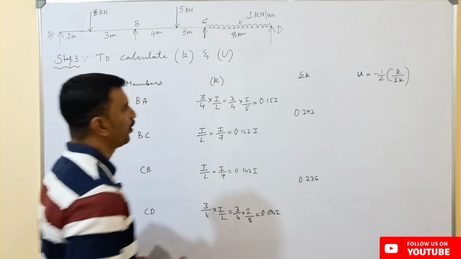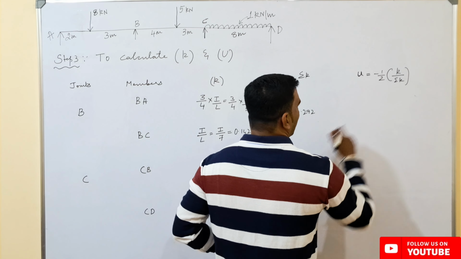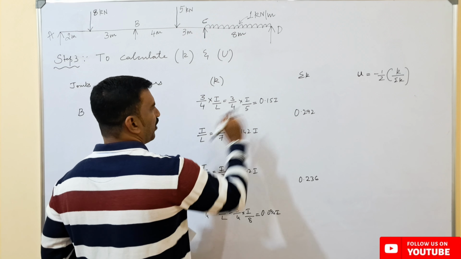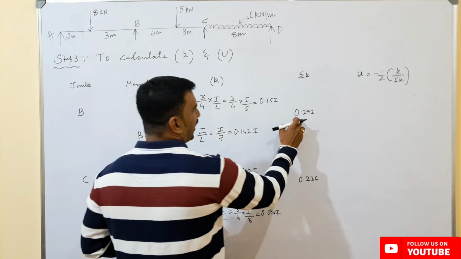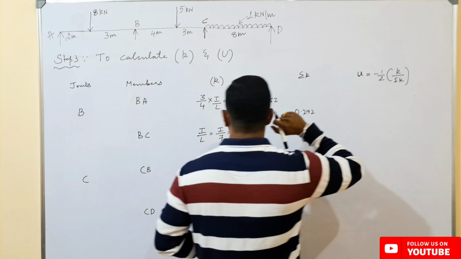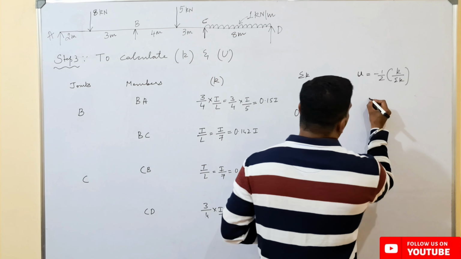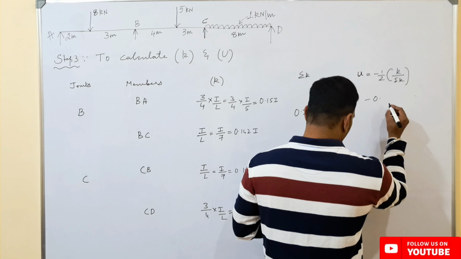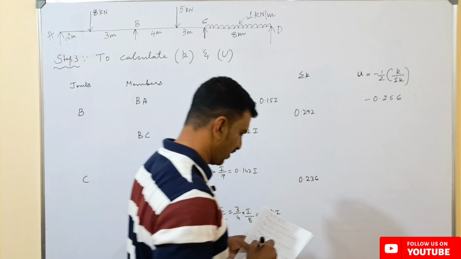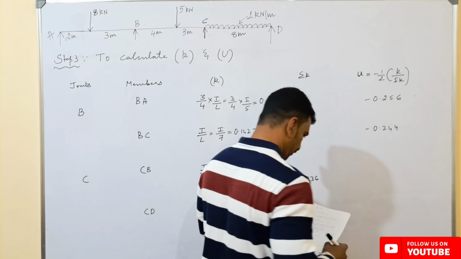So now the summation of these two values will be 0.236. Now if you want to find the rotation factor, we apply minus half into K. We have K for member BA as 0.15 I and sigma K as 0.292. So if we put the values, for member BA we have minus 0.256, and for span BC we have minus 0.244.